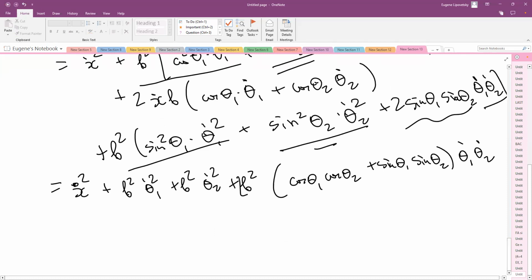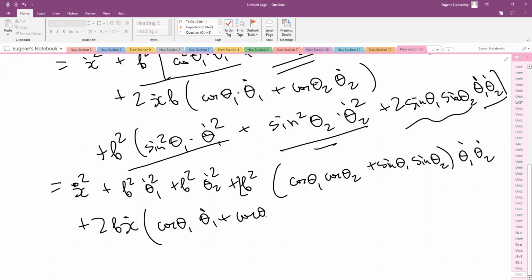It's going to be plus 2b x dot cosine of theta 1 times theta 1 dot plus cosine of theta 2, theta 2 dot. Now this piece here is, pardon me, the cosine of a difference, cosine of theta 1 minus theta 2. It's going to help a little bit.